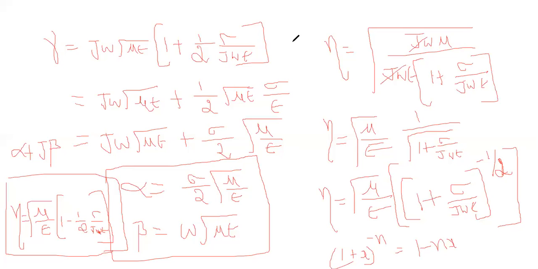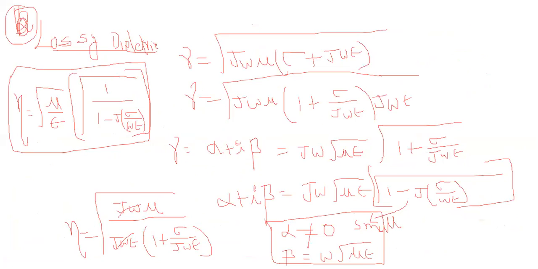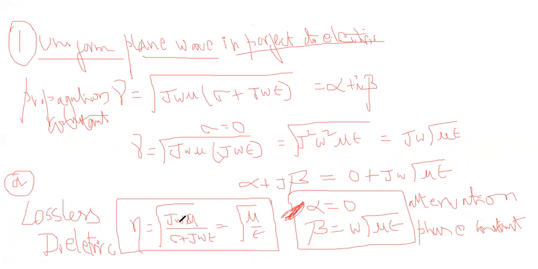In the lossless dielectric, the intrinsic impedance does not depend upon the frequency, the attenuation constant does not depend upon the frequency, and only beta depends upon the frequency.